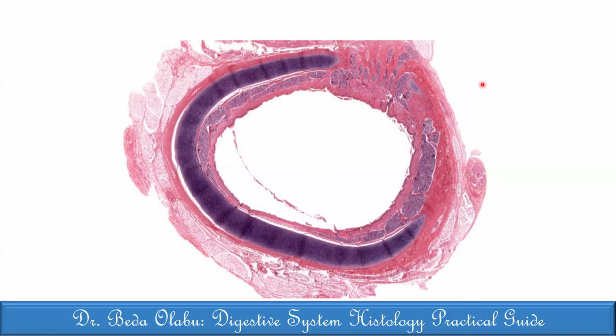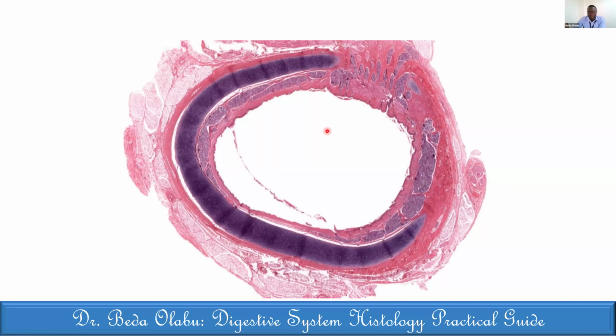Because of presence of a ring of cartilage. Very well. So we can see C-shaped cartilage present there. And that C-shaped cartilage is characteristic of that of the trachea.